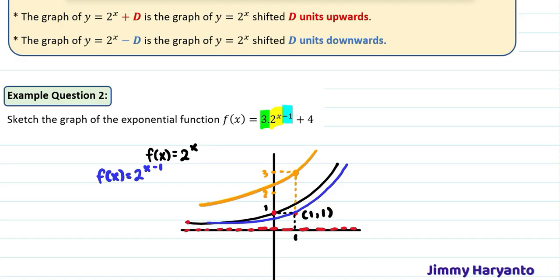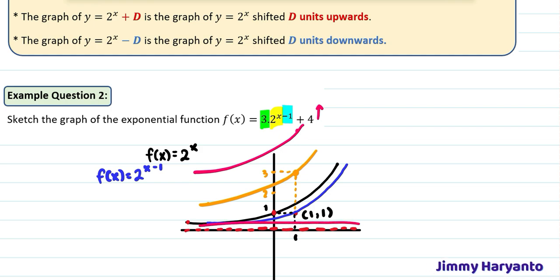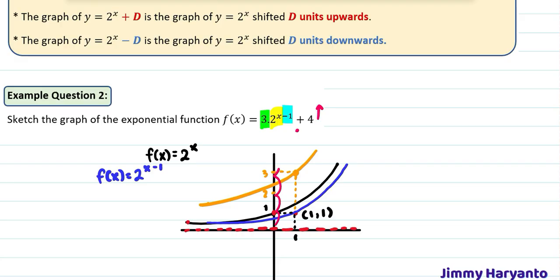And then also plus 4. Plus 4 means you have to shift 4 units up. That means from here you have to shift it 4 units: 1, 2, 3, 4, like that. Of course, because you shift the curve up 4 units, the asymptote will also be shifted 4 units up: 1, 2, 3, 4, like that.